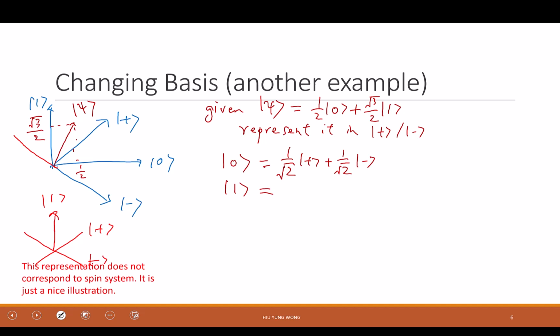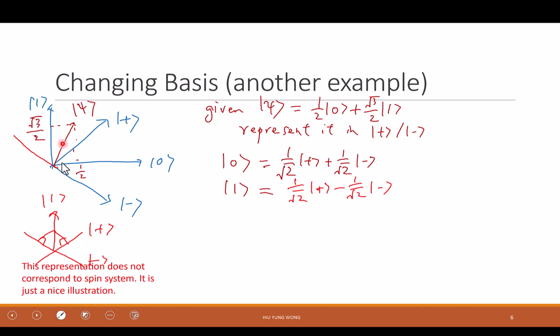Isn't that this one has an angle to here, has an angle to here, right? So 1 is just equal to 1 over square root 2 plus minus 1 over square root 2 minus.